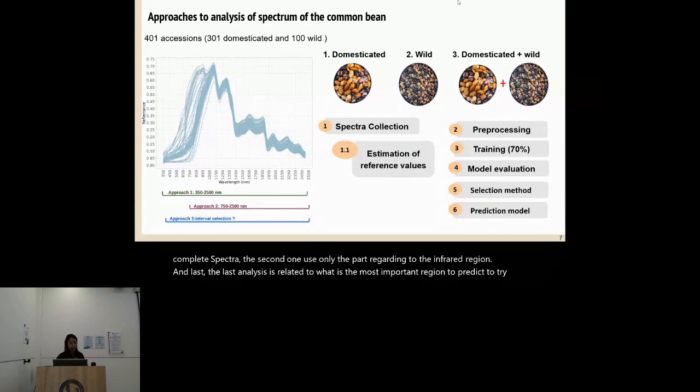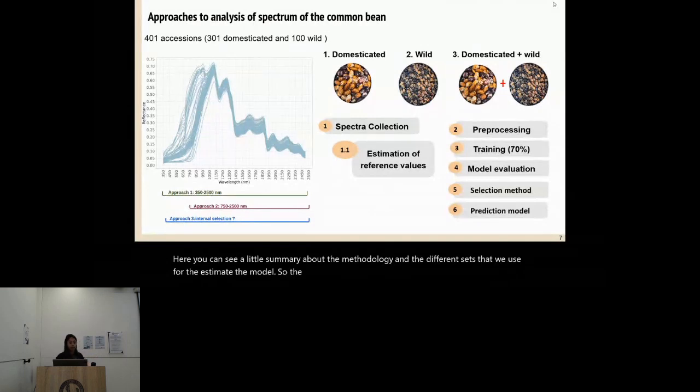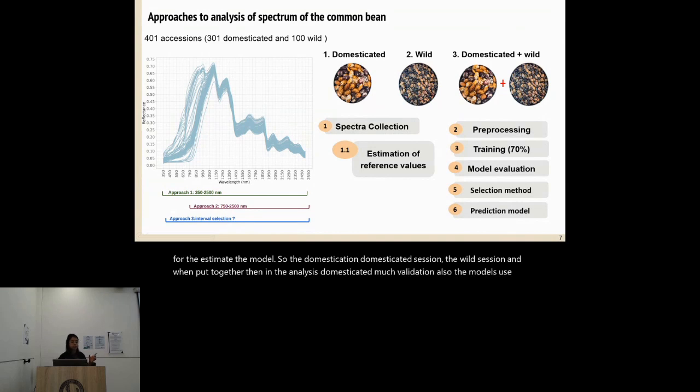Here you can see a little summary about the methodology and the different sets we use to estimate the models: the domesticated accessions, the wild accessions, and when put together in the analysis, the domesticated plus wild accessions. Also, the models use 70% for the training data set and 30% for the testing, helping with the analysis.